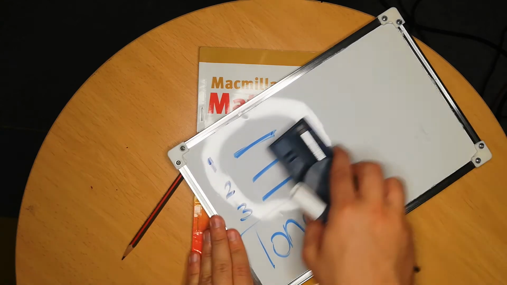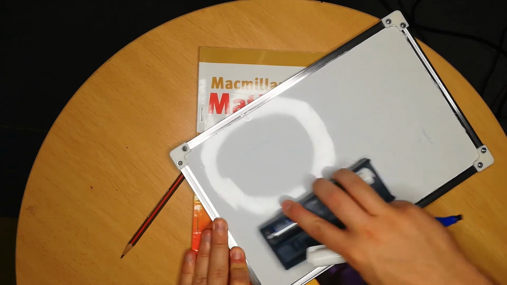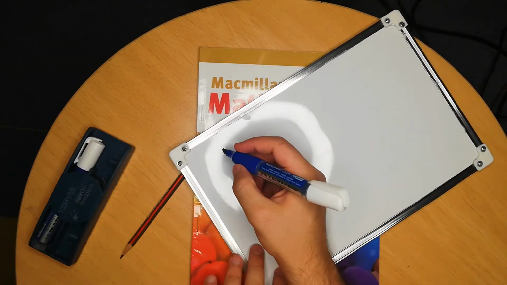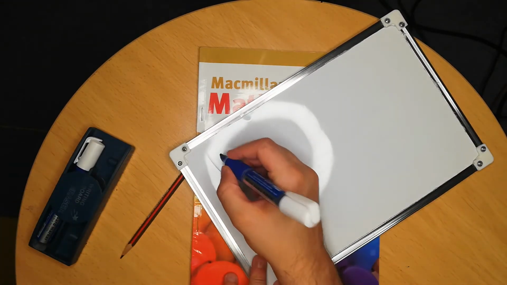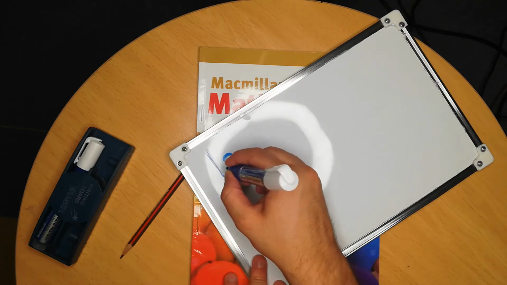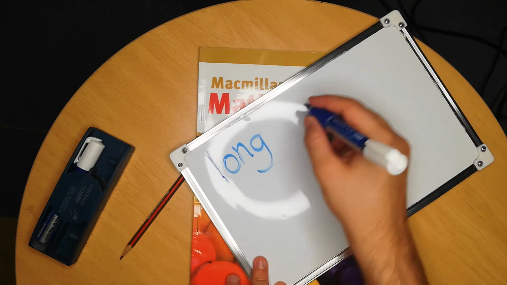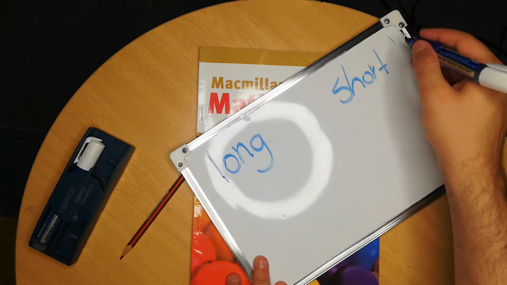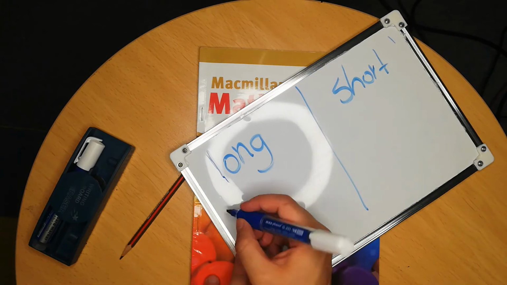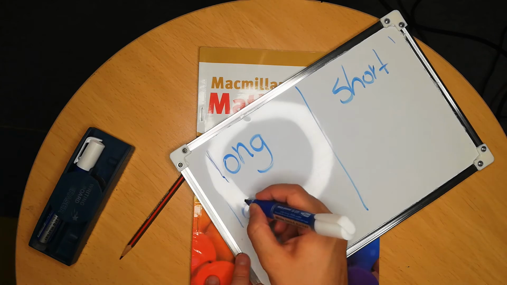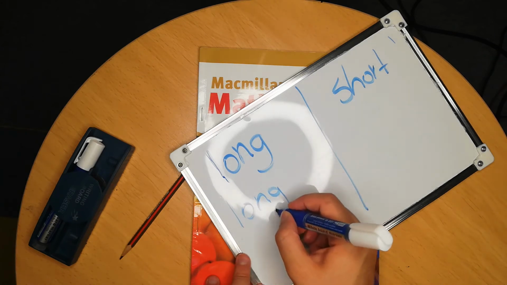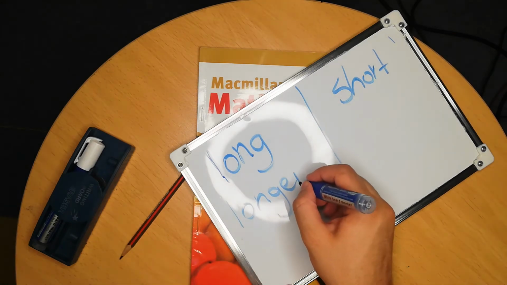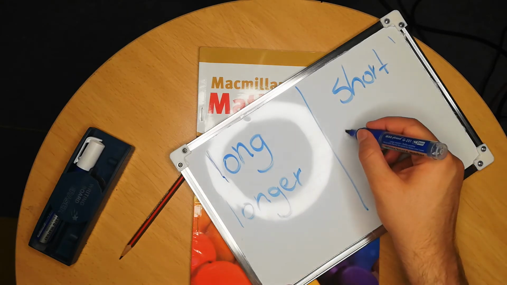Of course, the words long and short can be turned into, so we have long, let's write long here. Then we have short. Long, then we have longer. Short, shorter.